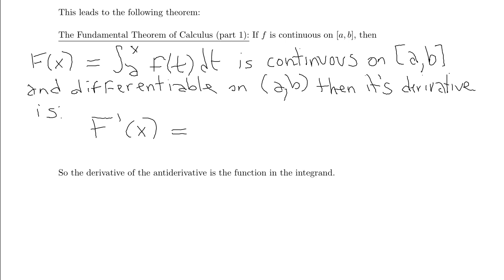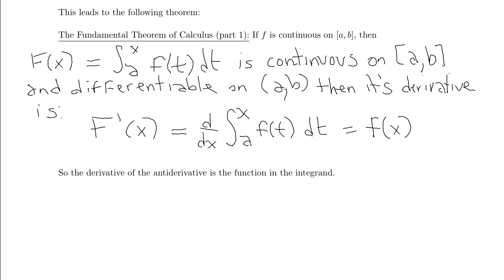And so we'd have some function of x here, and when we take its derivative, we're doing d by dx of our integral from a to x of f of t dt.